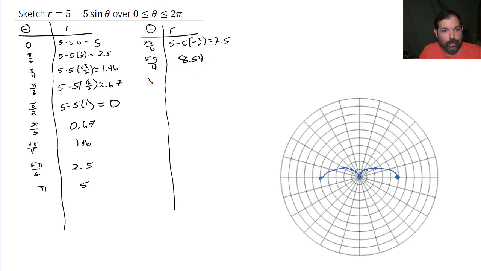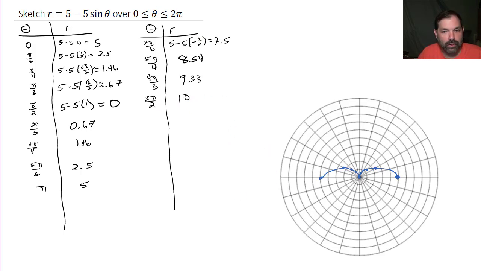And at 4 pi over 3, this would be 5 minus a negative again, so it would be 5 plus 5 times root 3 over 2, 9.33. And then at 3 pi over 2, the sign is negative 1, so this ends up being 5 plus 5, 10.